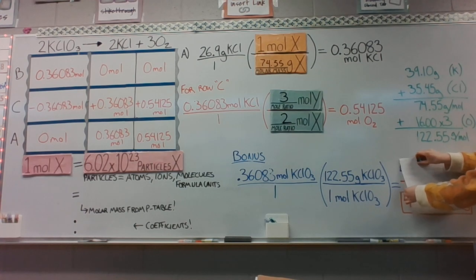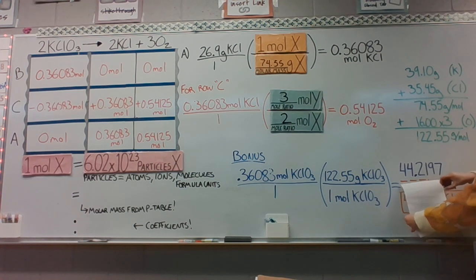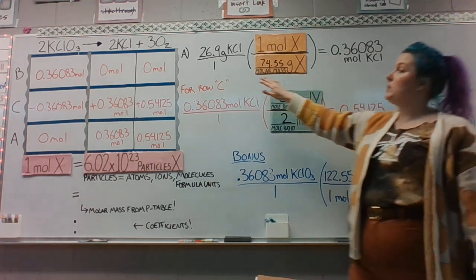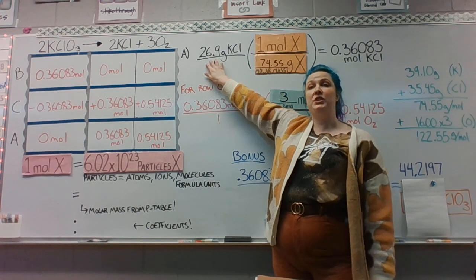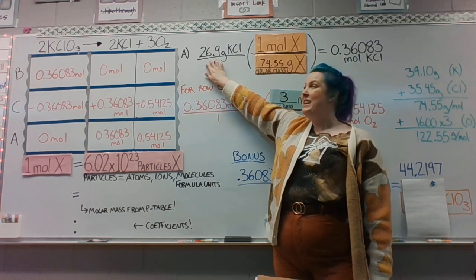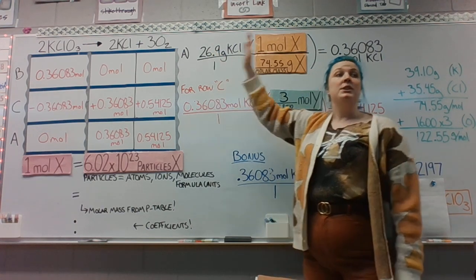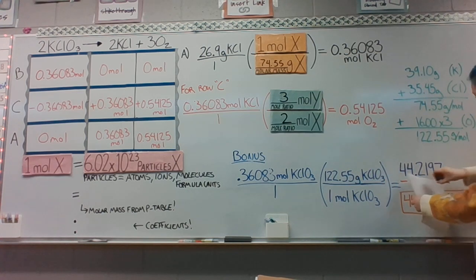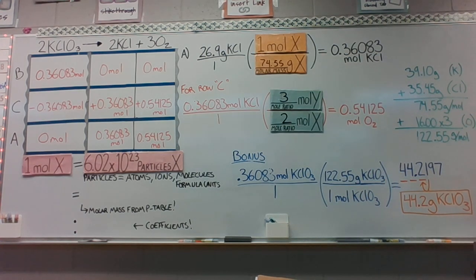Your final answer, once you multiply across the top and bottom, unrounded is 44.2197. We need to round according to the rules of sig figs. So look back at the number we were given at the very start of this entire ordeal. This has 3 sig figs. So our final answer should also have 3 sig figs, which gives us 44.2 grams of KClO3.